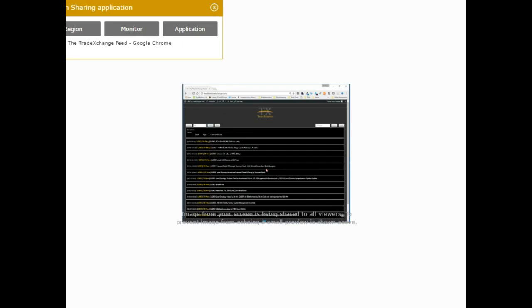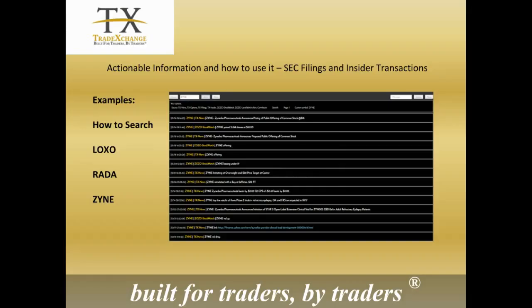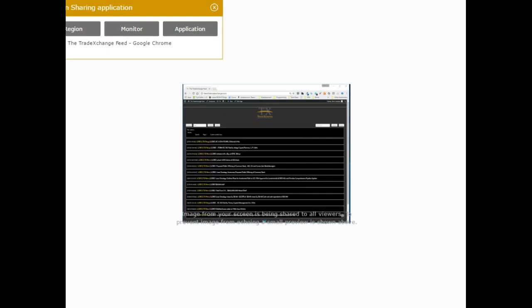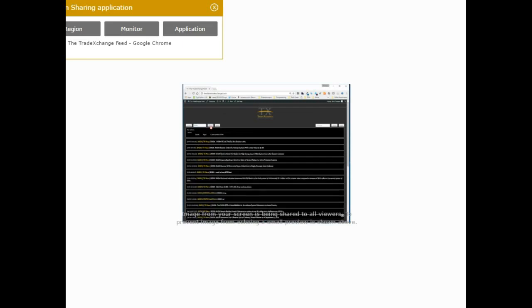So I'm just going to really quickly switch back. The other stock I'm going to look for is RADA. Okay, so here we are back at the market stream. I'm going to type in RADA and click on apply. This automatically filters by symbol, and it goes back through all of the things that happened in RADA.